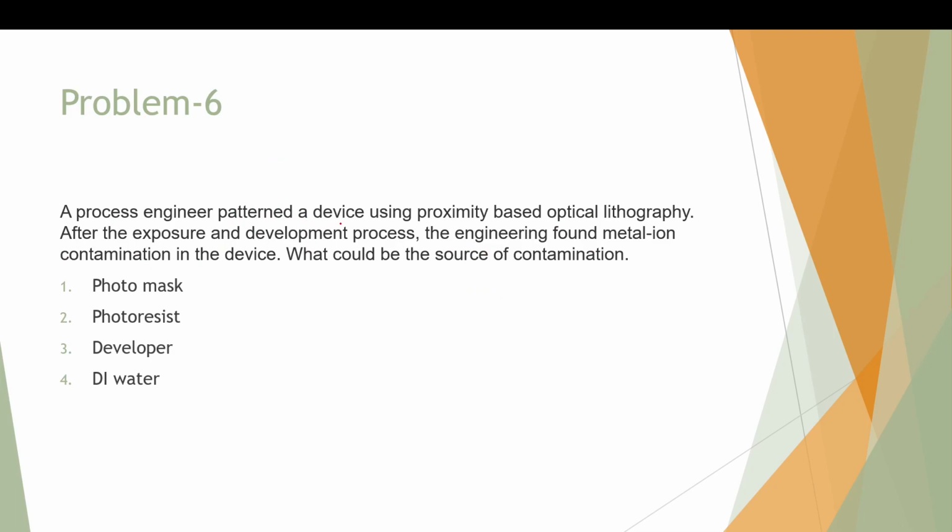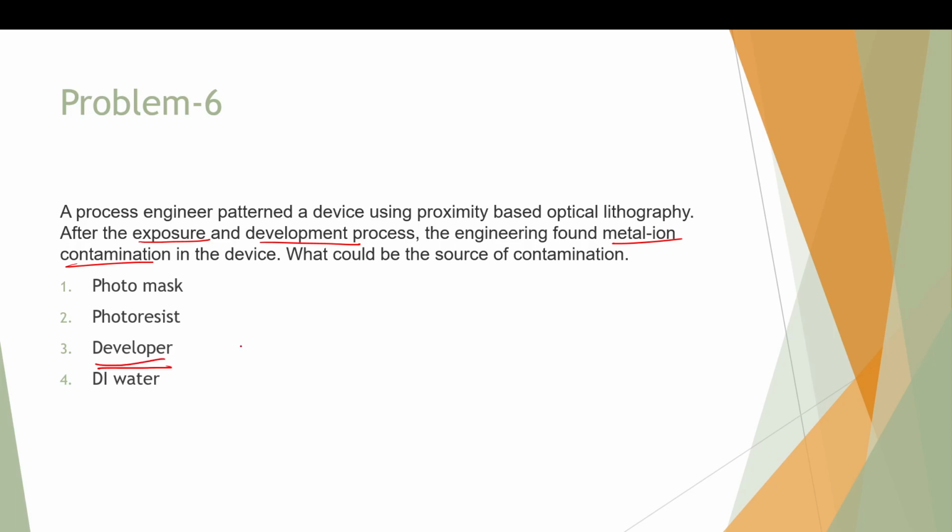A process engineer patented the device using proximity based optical lithography. After the exposure and development process, the engineer found metal ion contamination in the device. What could be the source of contamination? So what are all the processes that he did? He first spin coated the photoresist, then did a pre-bake, then did an exposure, then did a post-exposure bake, then developed it. Then he found out that there was some metal ion contamination. The usual source of metal ion contamination is the developer.